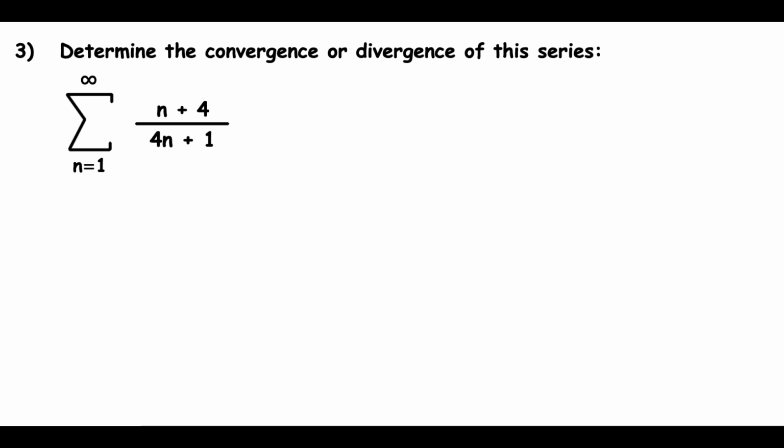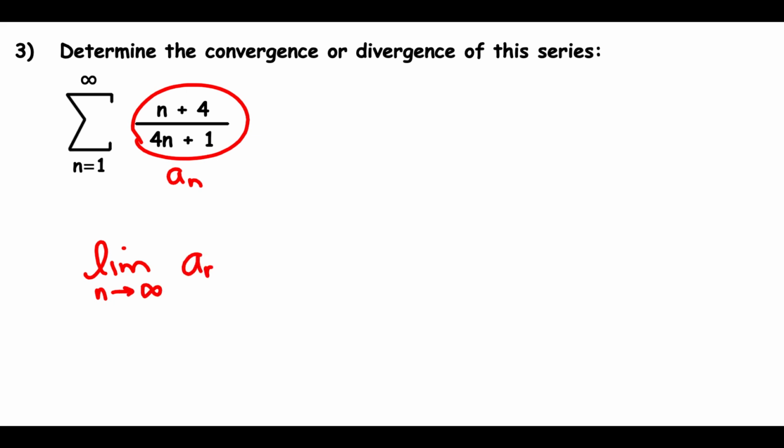And I look at it quickly, and right away I know the answer, because staring at this a sub n, I'm like, where is that heading? L'Hospital's rule would tell you that it's heading towards 1/4. And since 1/4 is not 0, this is going to diverge by the nth term test.